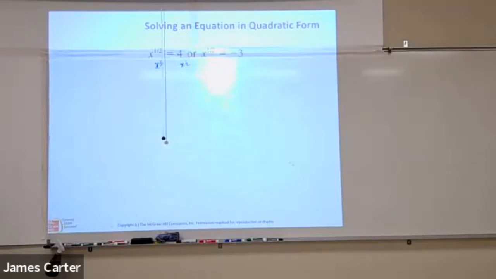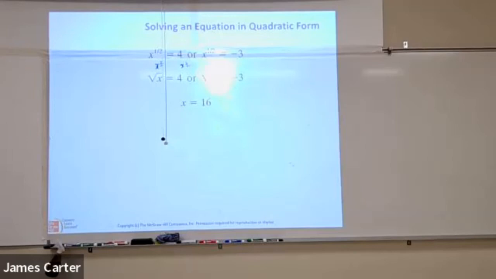Well, here's that. Square root of x equals 4. Square both sides, I get 16. Why do I have to throw this one out? Because you can't get a negative square root value. So we have to discard that.